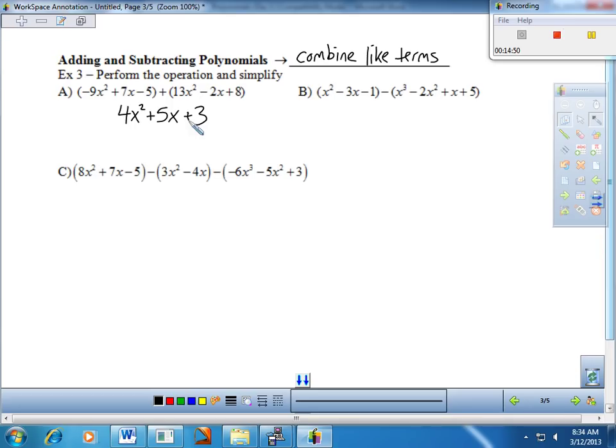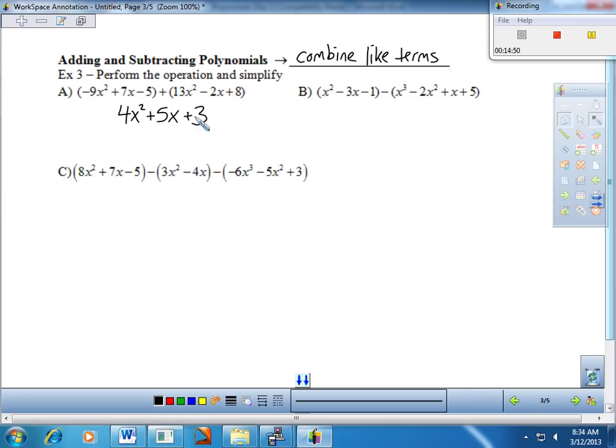And there you go. We started out with 2 quadratic trinomials, added those together, and I ended up still with a quadratic trinomial. Very nice. So quadratic, degree 2, trinomial, 3 terms. 1, 2, 3. All right, good.